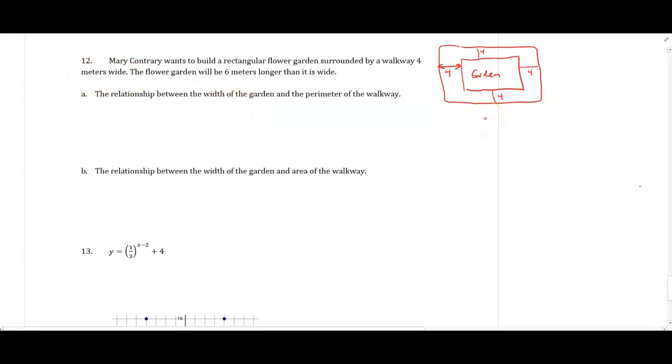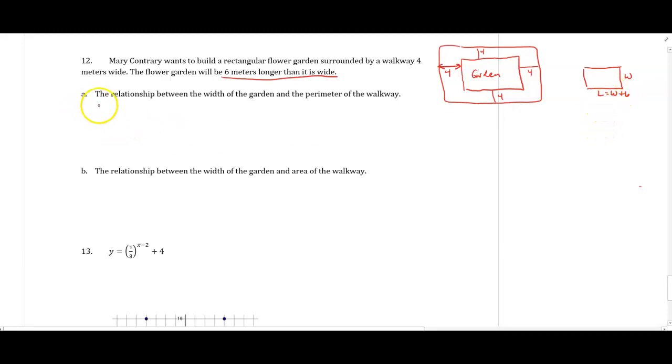So let's just look at the garden real quick. It says the garden will be 6 meters longer than it is wide. So if this is my length and this is my width, the length is going to be the width plus 6.